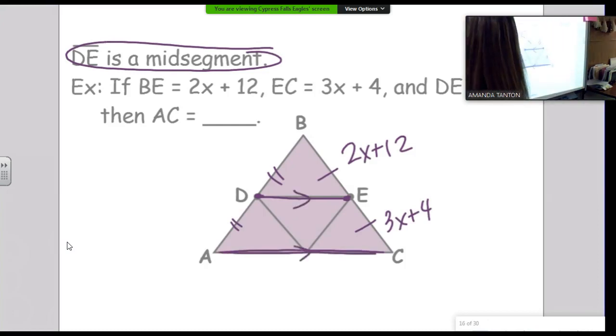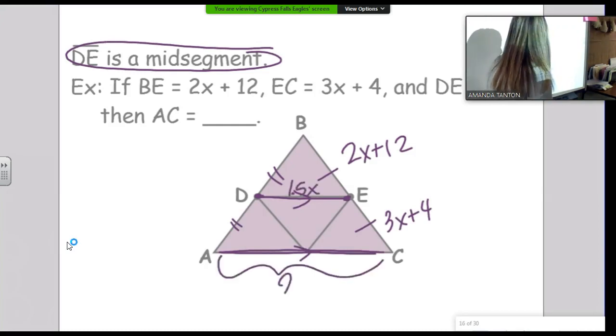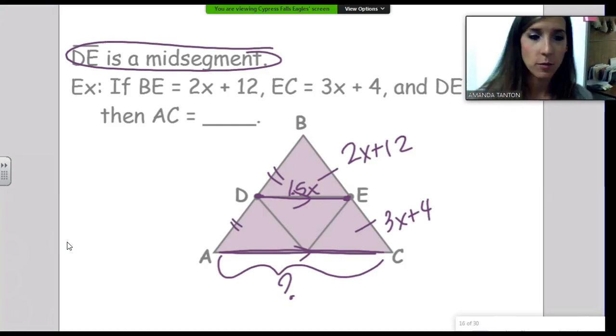Alrighty, and then DE is 1.5x. We're looking for the length of AC. Just like in our other homeworks, we might not use all three of these expressions at first. We're not going to add them all to equal something. We're not going to just throw them into a mashup. We're going to use the markings on our picture, right? What are we going to set equal?